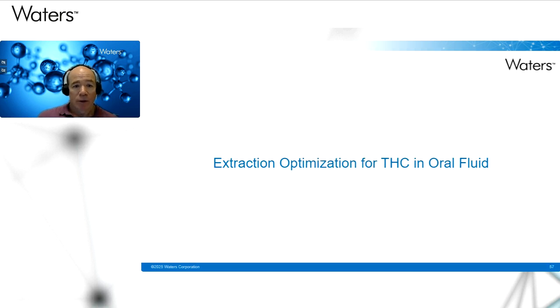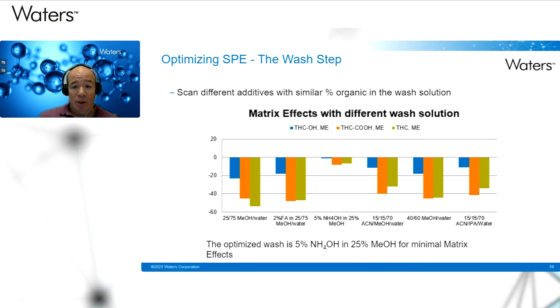So we also did some extraction optimization for this one, in addition to the pre-treatment. Here we see some method optimization where we are looking at different types of washes, with different combinations of water and organic.